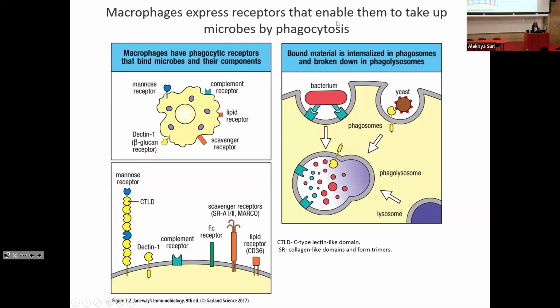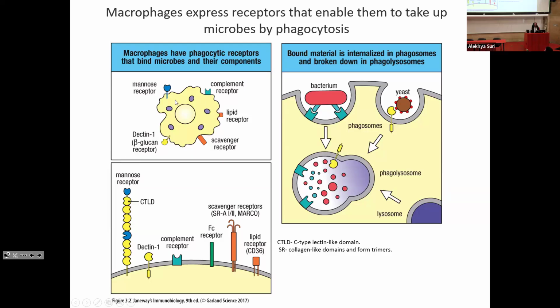They do this by expression of various receptors on their cell surface that allow them to take up, or phagocytose, these pathogens from the outside and get rid of them. These are the various receptors present on the macrophage, including the mannose receptor, the complement receptor, lipid scavenger receptors, and dectin-1, which specifically can recognize fungal pathogens.